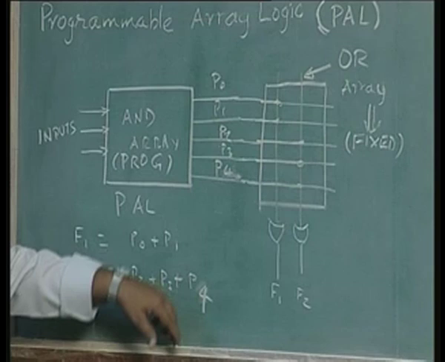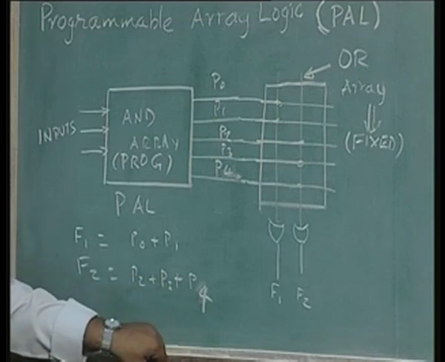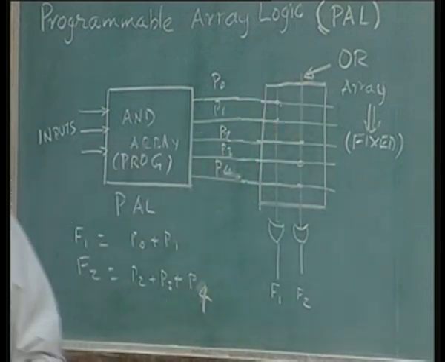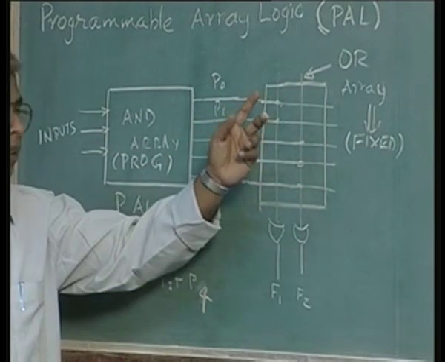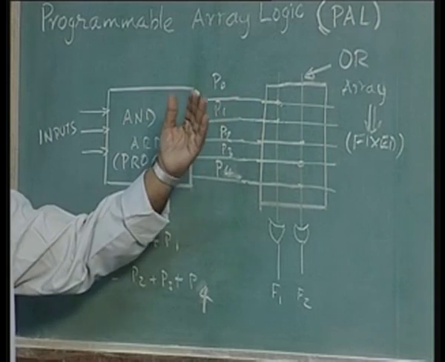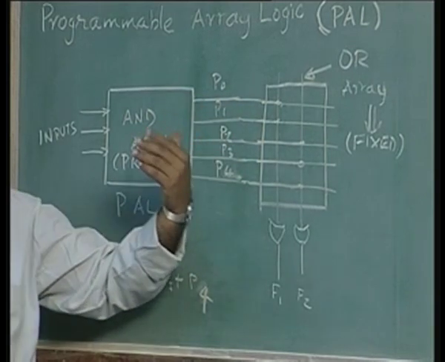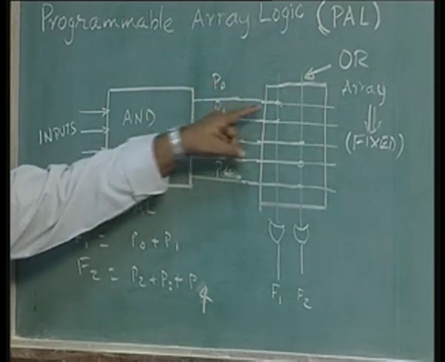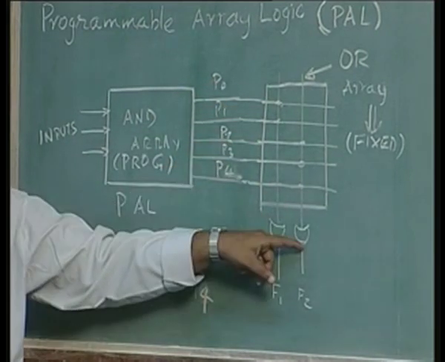We wanted to have as many common product terms as possible between different functions, so that the same product term once generated can be put as input to several OR gates. In this case, since they are fixed, common product terms are not going to help me. Even if P2 and P0 are the same, I still have to generate it once for this and once for this.